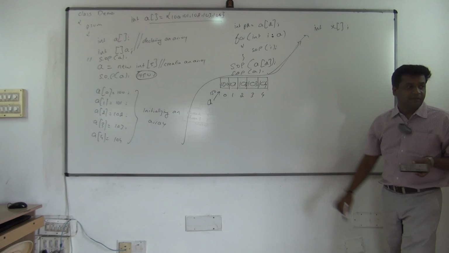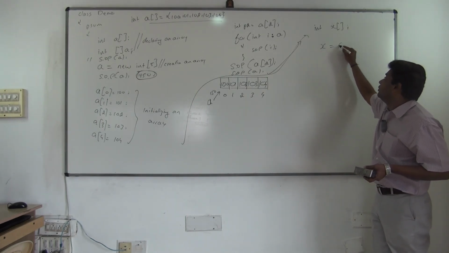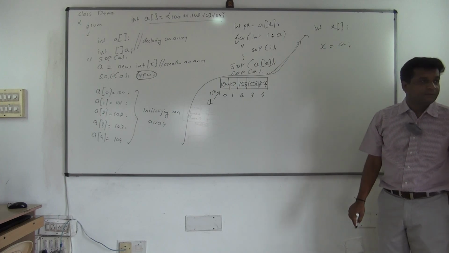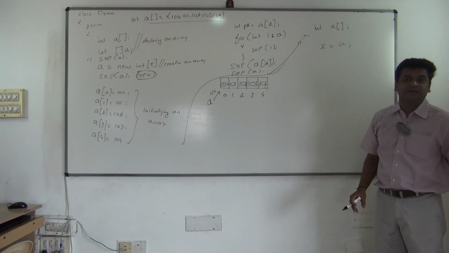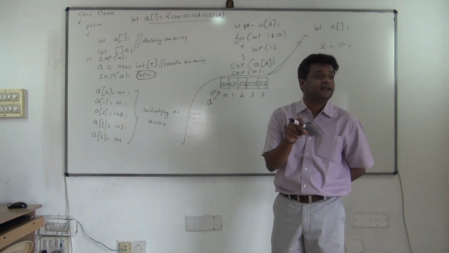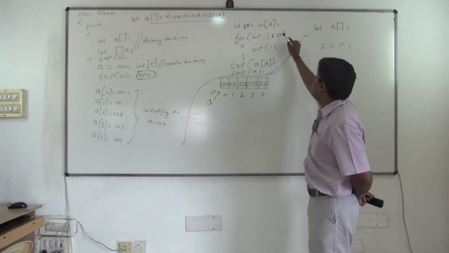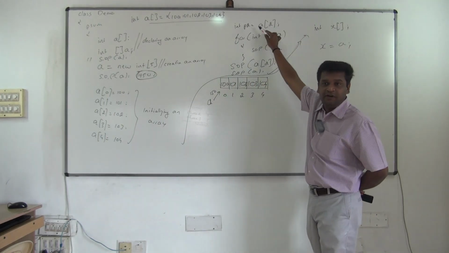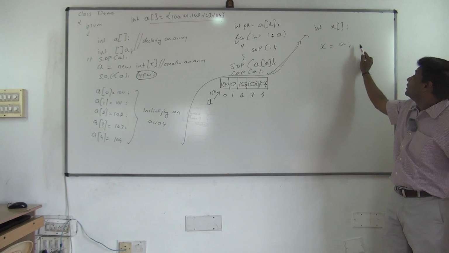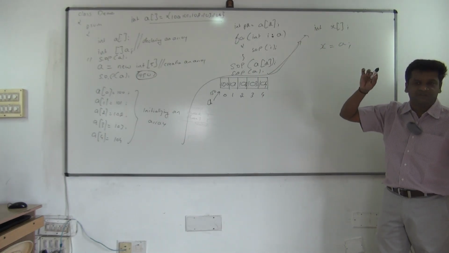Continuing that flow. Okay. So I want to give it now. So how do I give it? Simply I'll say X is equal to A. I'm assigning. See now what is happening now? Directly I'll give the value of A to X. But what is the value of A? Address. I'm not giving value of A of 0. See here I'm giving A of 2 to P2. But here what am I doing? Giving the address of A, value of A, to X. So the value of A of 2 is different.